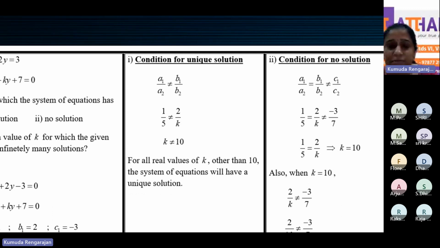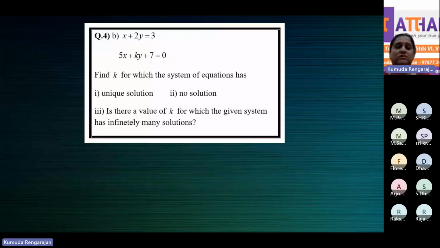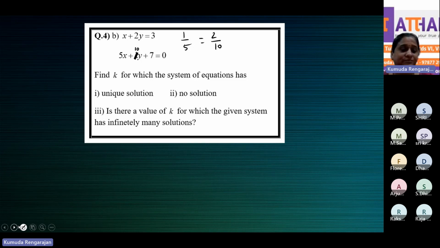Let's understand that better. Let's go back to the equation. Supposing k is 10. What will happen? 1 by 5, 2 by 10. A1 by A2 is equal to B1 by B2.